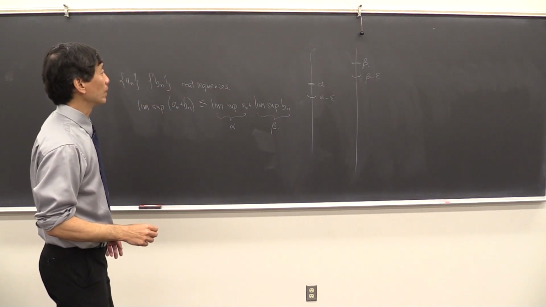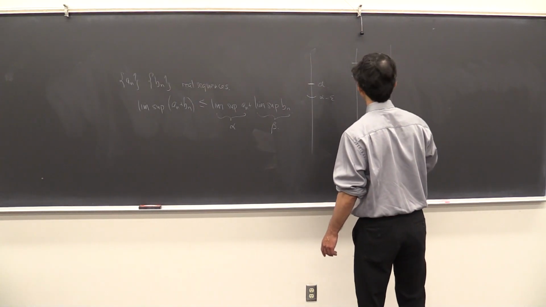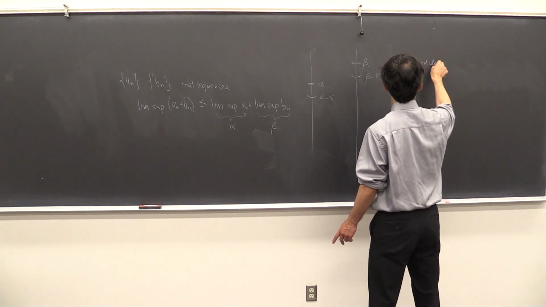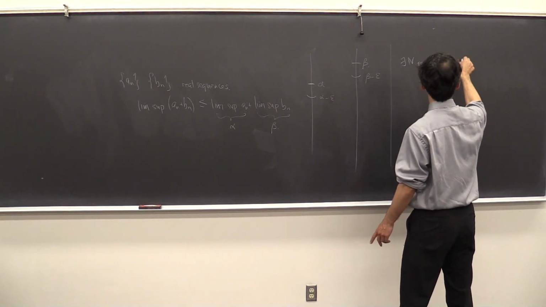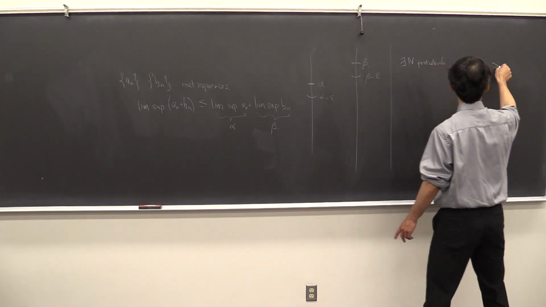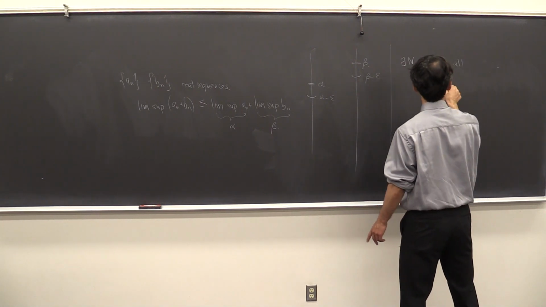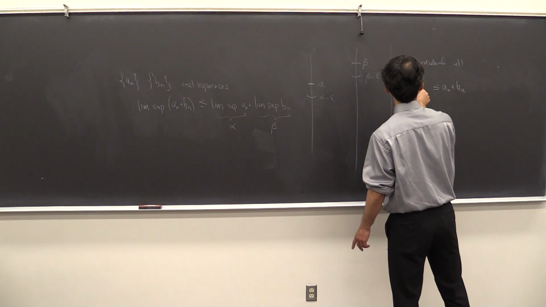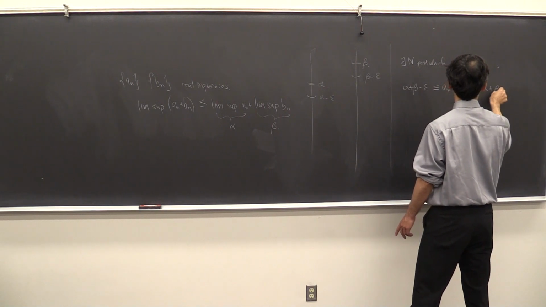Putting those together, there exists a time past which all the a_n plus b_n are greater than or equal to alpha plus beta minus epsilon, and yet less than or equal to alpha plus beta.